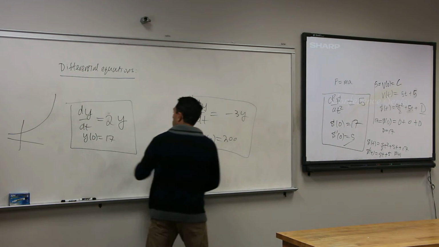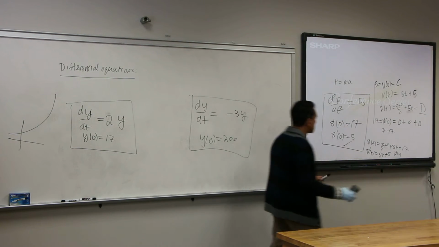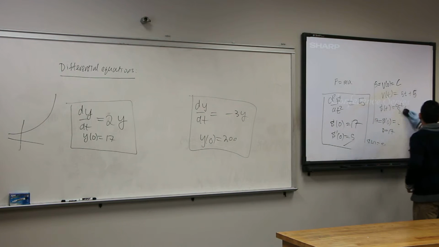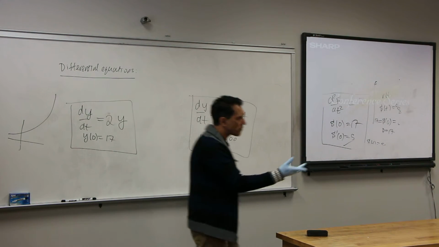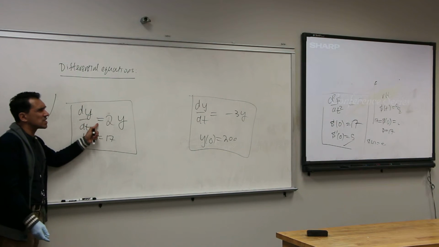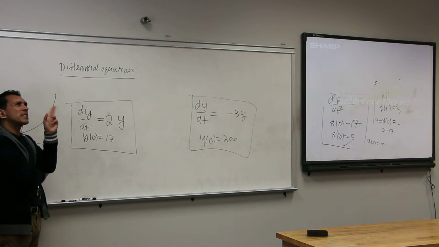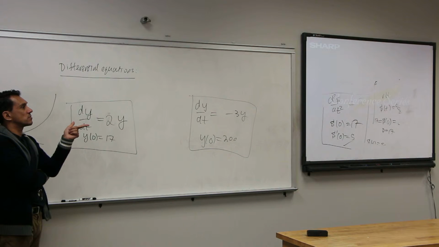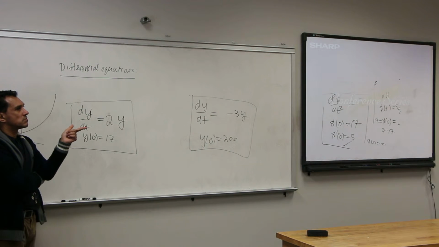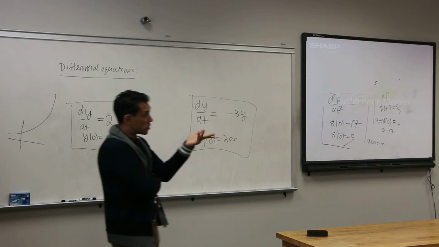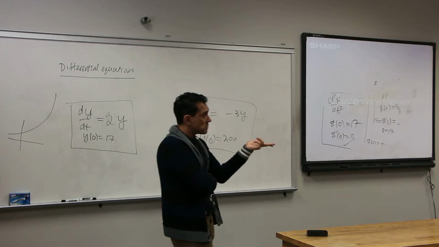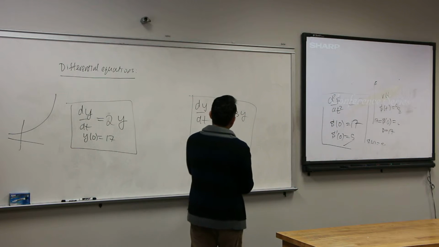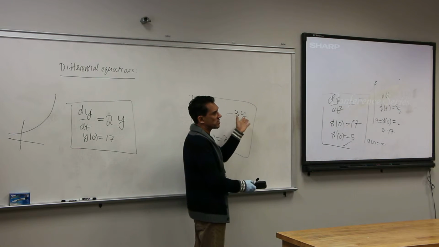Let us talk about how to solve this equation here. You can go and ask your calculus 1 friend, how would you solve something like this? They would say to you, you're looking for something that differentiates to twice what it is. I would say e to the 2x. You're looking for something that differentiates to negative 3 times what it is.